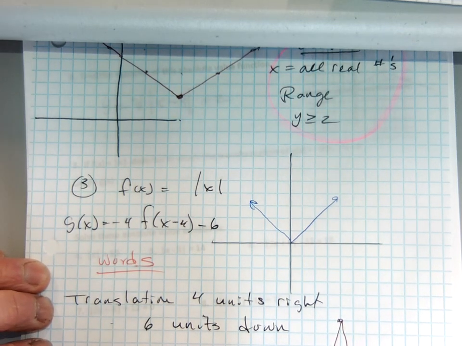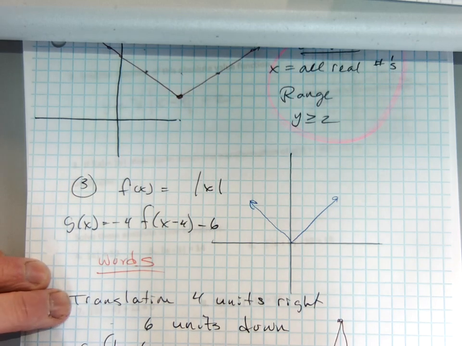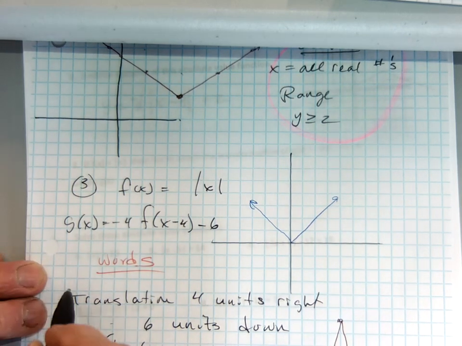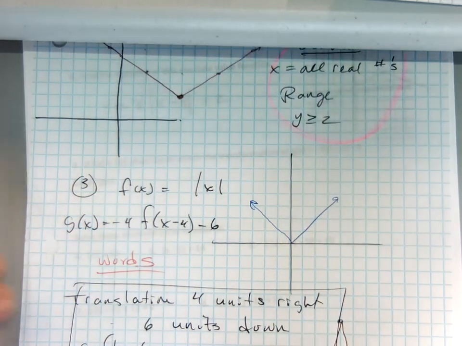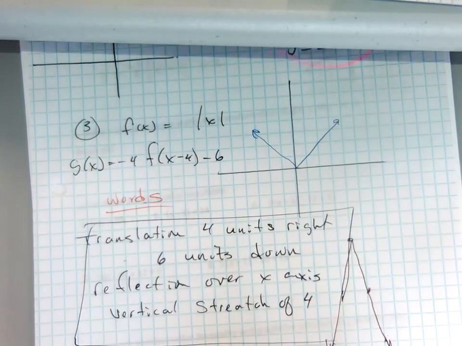And it is a reflection. It's upside down, a reflection over the x-axis, and it has a vertical stretch of 4. I want words, okay? No words, no credit. All right, there it is.